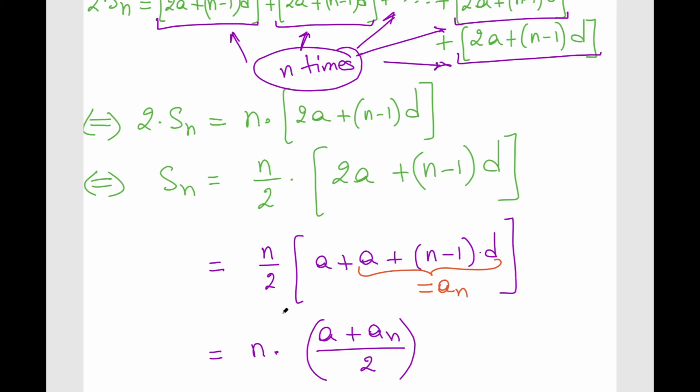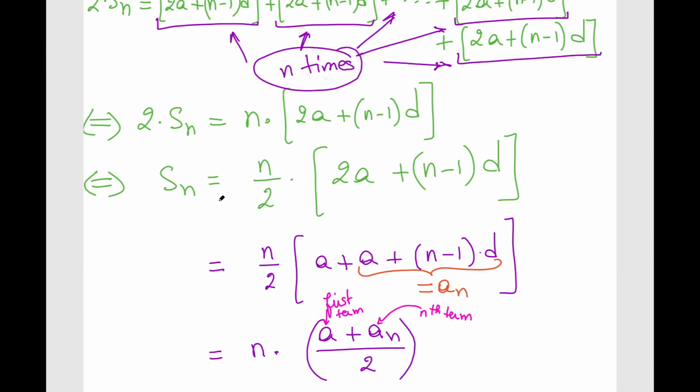So this last formula, how can you read it? The sum of the first n terms of an arithmetic sequence, labeled here by Sn, is the average of the first and nth term. Let me label it for you. So this is the first term, and this guy is the nth term of the arithmetic sequence.